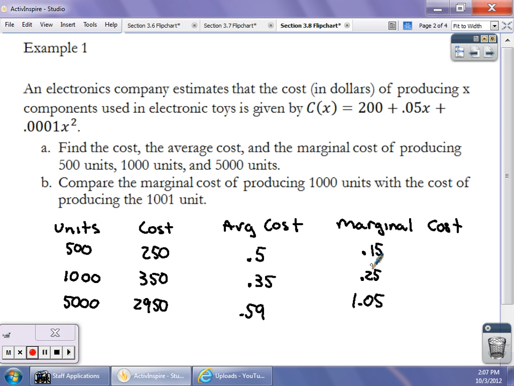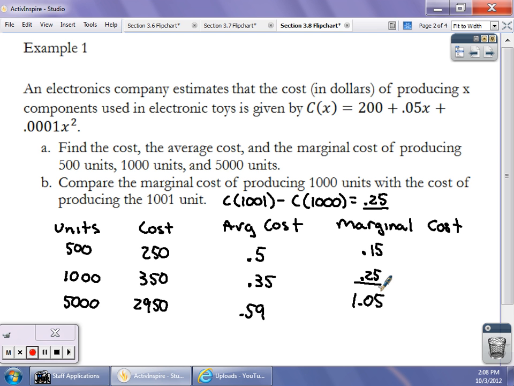So I figured out the cost of producing 1,001 units, subtracted away the cost of producing 1,000 units, and got almost exactly 0.25. You can see that number is virtually the same as that number. Sometimes they're going to be further apart. It depends on how close the tangent line is to the graph at that particular point.